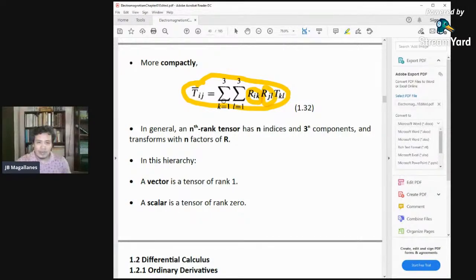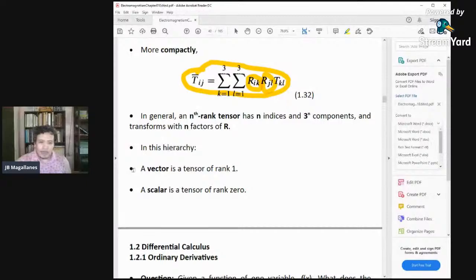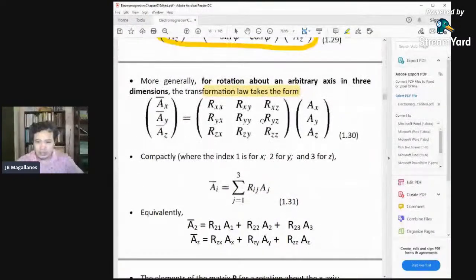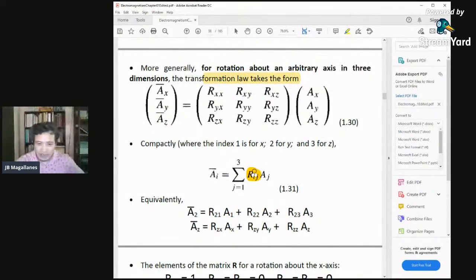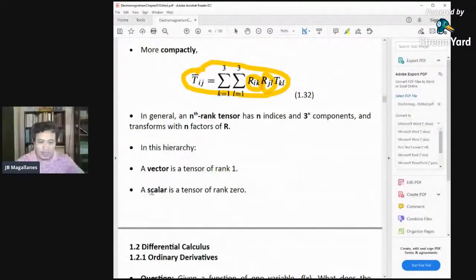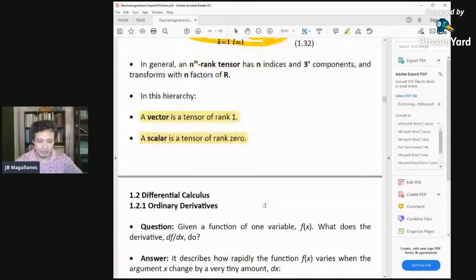But if you have an nth rank tensor, then this would be n R's. And by the way, a vector is a tensor of rank 1, because look at the transformation. This is only one R. That's rank 1 for a vector. For a scalar, the tensor has rank 0. So that's the difference between a scalar and a vector.